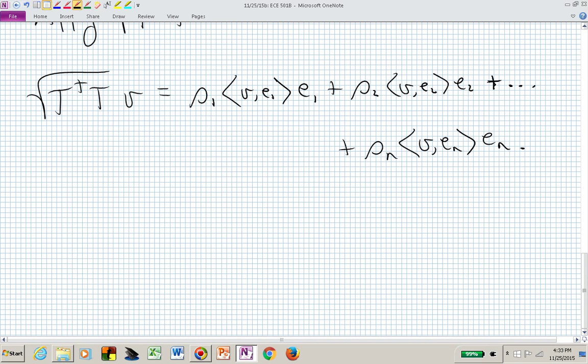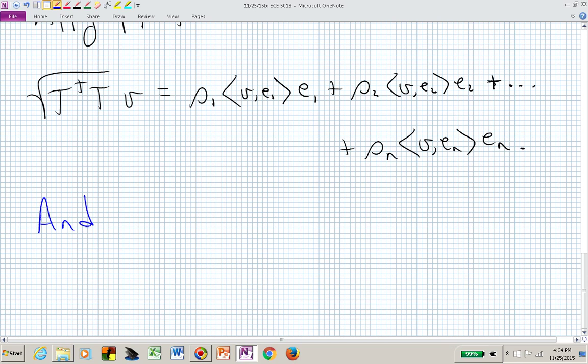We haven't done anything that we don't already know how to do. We can also say that we've found an isometry such that the original map T can be factored as this product of an isometry S with the positive square root of T dagger T.